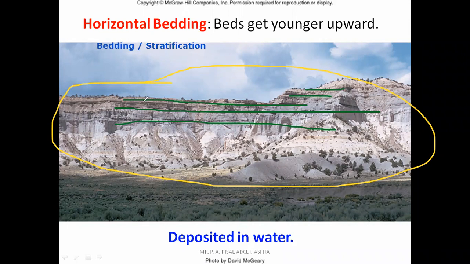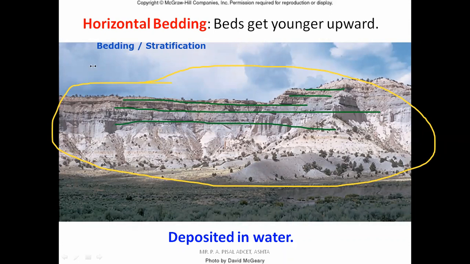So such a type of structure, where the layers are parallel to each other, is considered a bedding structure or stratification structure. Now what is the meaning of bedding or stratification?